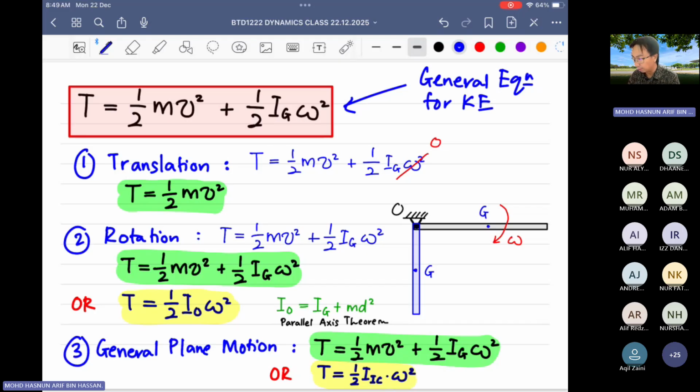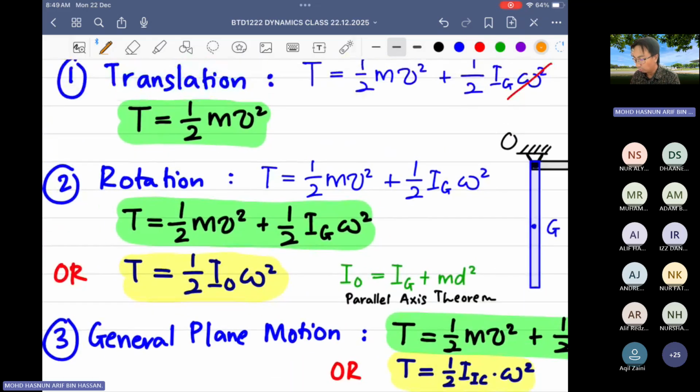Iic is similar to Io. You use the parallel axis theorem: Iic is equal to Ig plus md², where d is the distance between IC and G. Same goes for rotation, where d is the distance between O and point G.